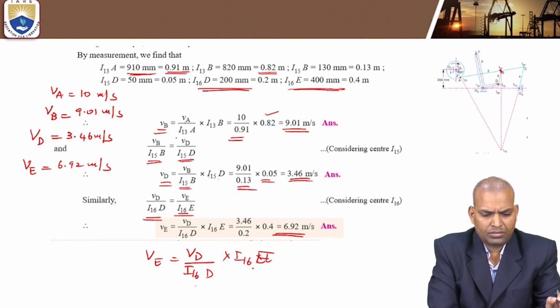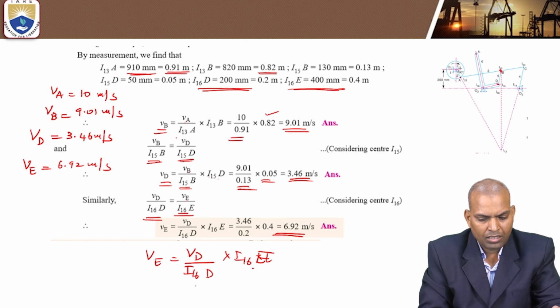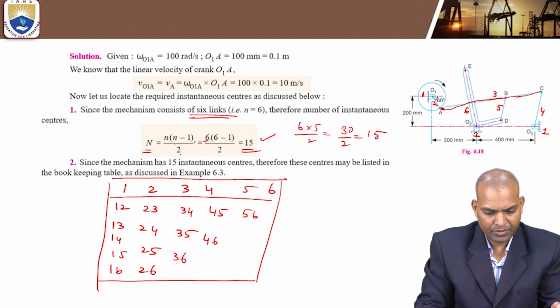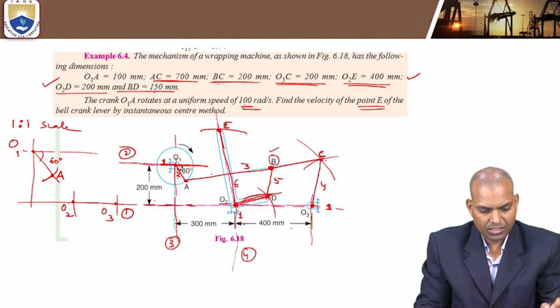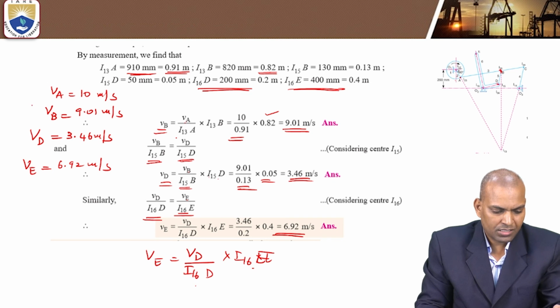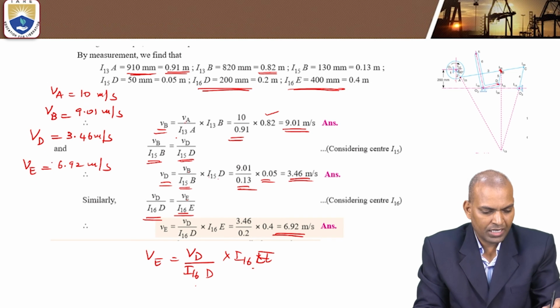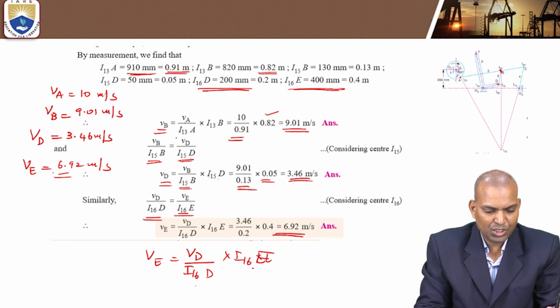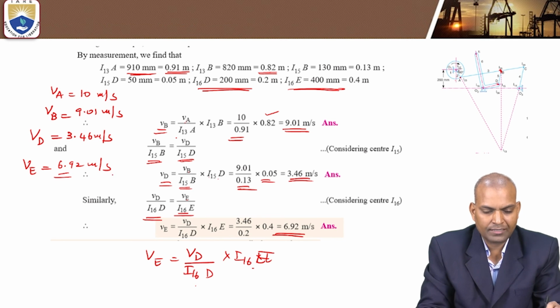So the input value is 10 meters per second. Let me check what value is given here. Yes, that is 10 meters per second. Now VA is greater than all the values. The input value VA is more and the output is 6.92 meters per second.